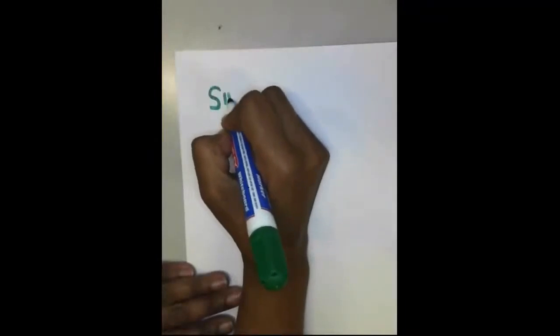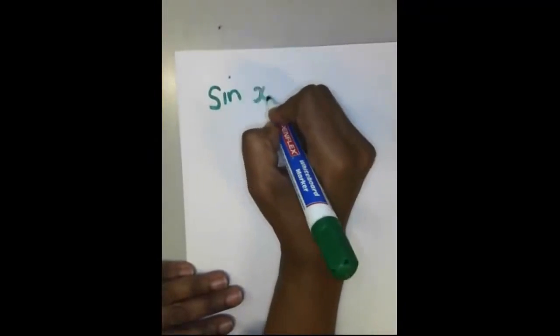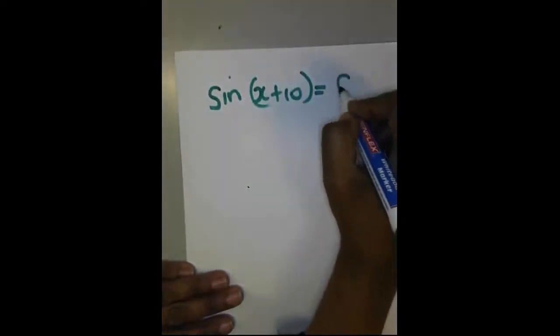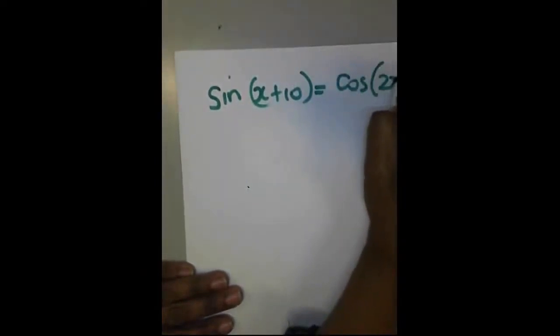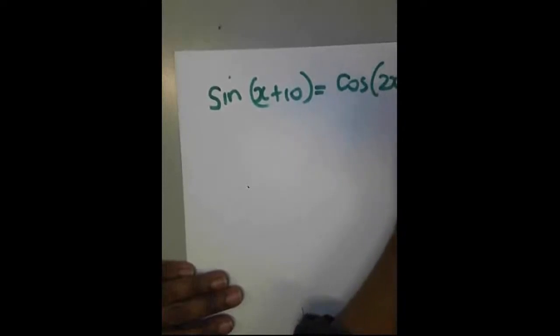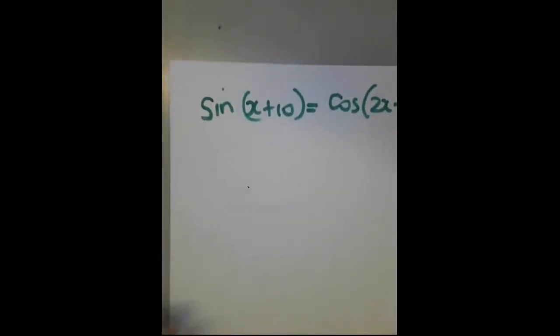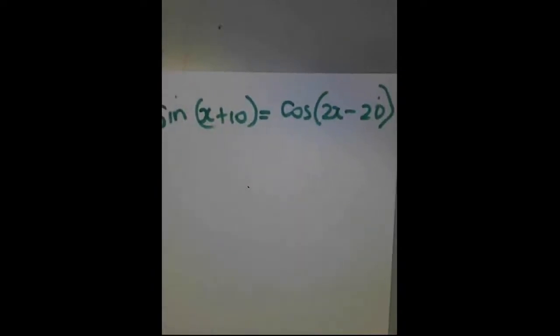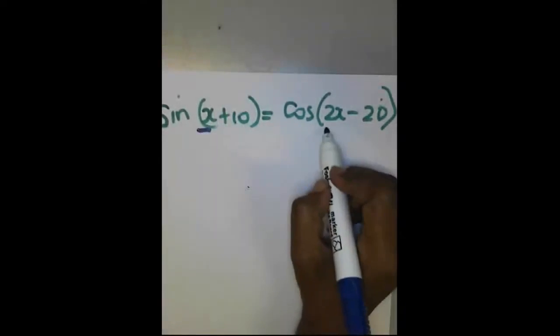So they now want us to find sine of x plus 10 degrees, and they want us to solve it, equal to cos of 2x minus 20 degrees. How do I find this one? How do I go about it, and how do I know what I must do? The first thing that I check is to see whether this and this are the same.